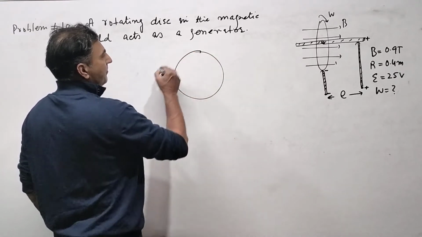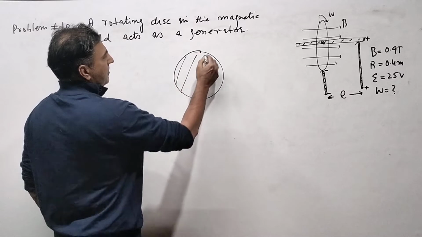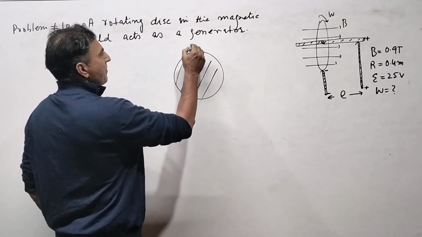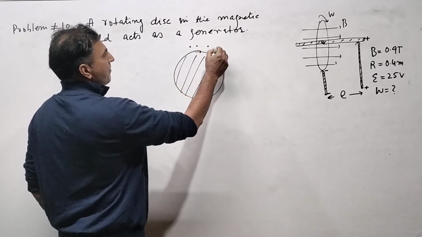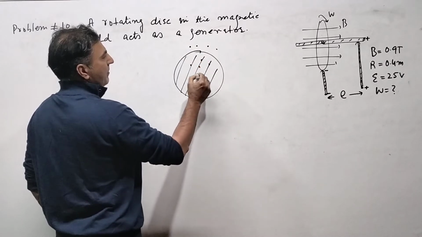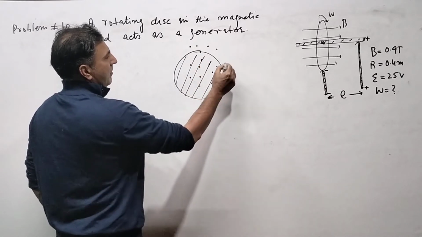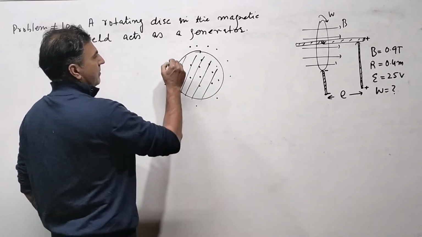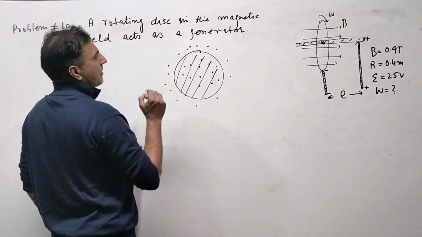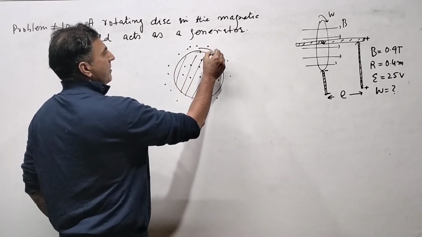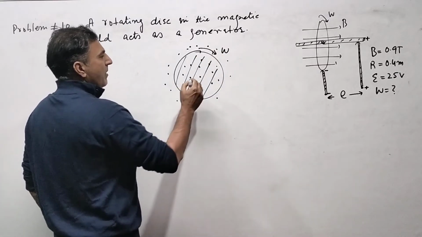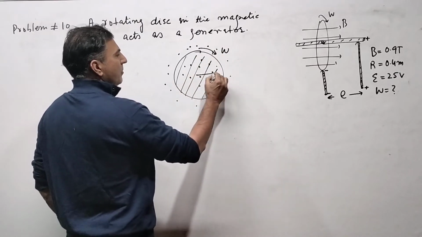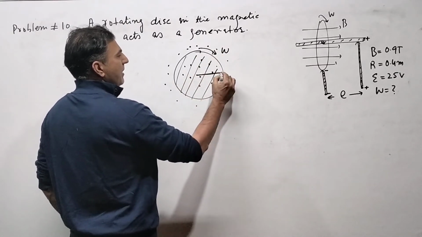It's a disk here, and let me suppose this is the magnetic field, a dot type magnetic field, that is, an outward magnetic field. And the disk starts rotating with omega. From the center to the periphery, you draw a line as a radius vector.